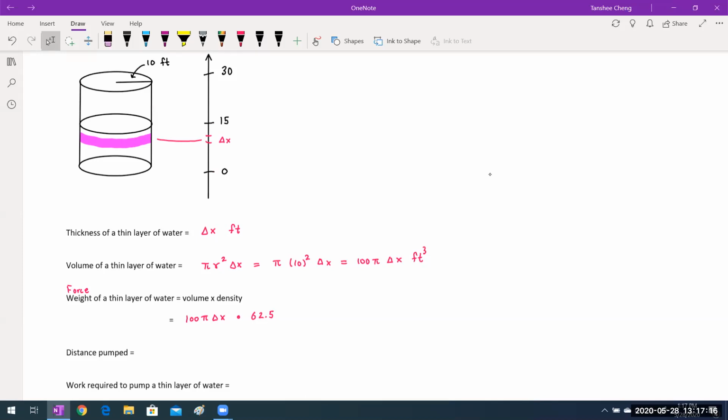So we have pounds per cubic foot times cubic feet. Notice that after you cancel this out, our final unit is pounds, which is the unit for force. So I'm pointing out that the unit is consistent with the formula as well.